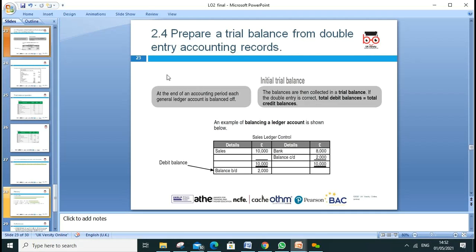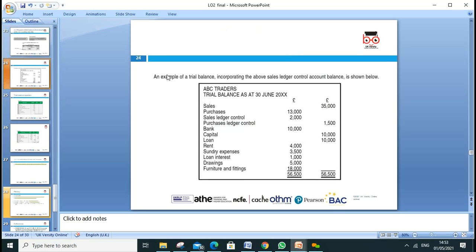So at the end of the accounting period, each general ledger account is balanced off, so the balances are collected in the trial balance. If the double entry is correct, the debit and credit should be equal. So my sales ledger control here is 10, and my balancing figure in this case is 2. That will be the balance brought down in the next period.